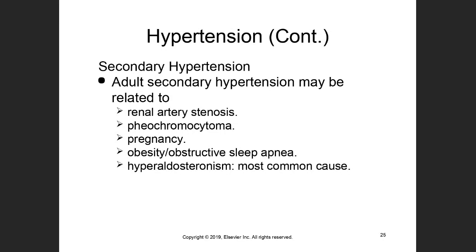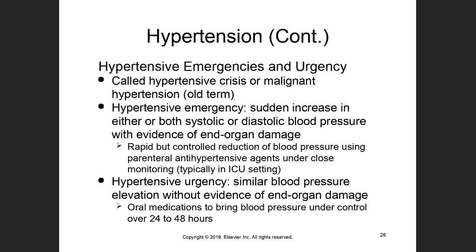Pheochromocytoma is a tumor of the medulla of the suprarenal glands, and they start secreting epinephrine and norepinephrine. Pregnancy, obesity, hyperaldosteronism. Remember that aldosterone increases reabsorption of sodium, retains fluids, and produces high blood pressure.